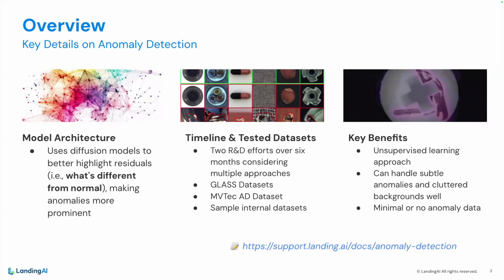And when we felt that it was performing well, we then incorporated it as a project type into LandingLens. Some of the key benefits are that you can leverage only normal images in your training selection, though it is helpful, as you'll see in our best practices, to have some abnormal data that you include to help tune the model's threshold in identifying abnormal from normal.